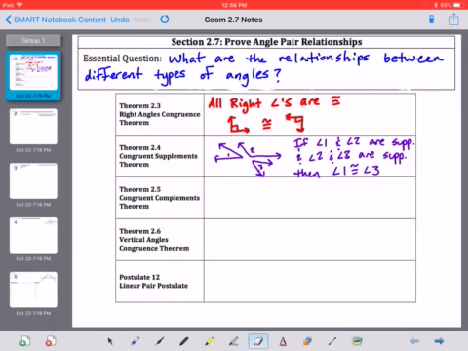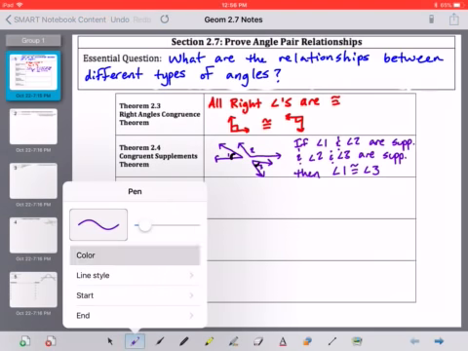So if 1 and 2 are supplementary and 2 and 3 are supplementary, that means angle 1 and angle 3 have to be equal. It kind of looks like the transitive property.